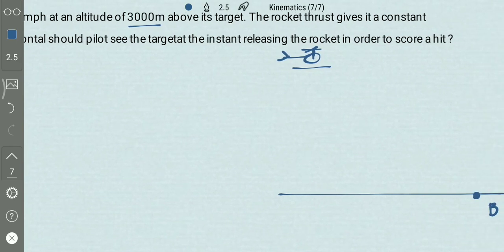The target is here, and the height will be 3000 meters.